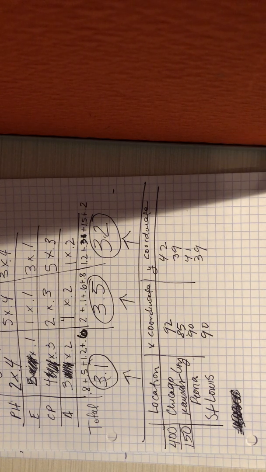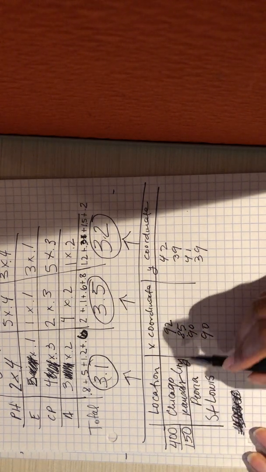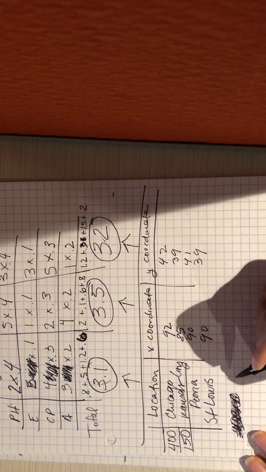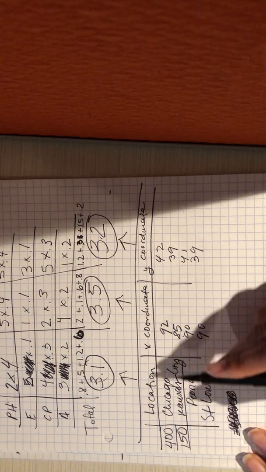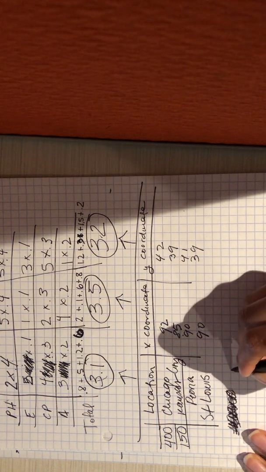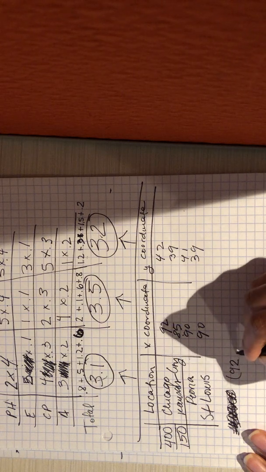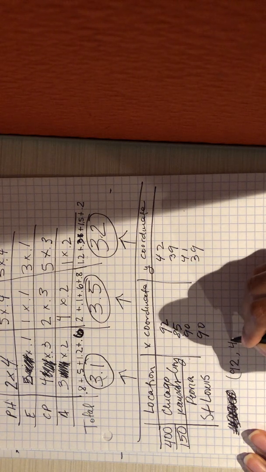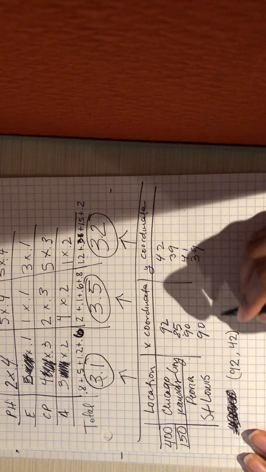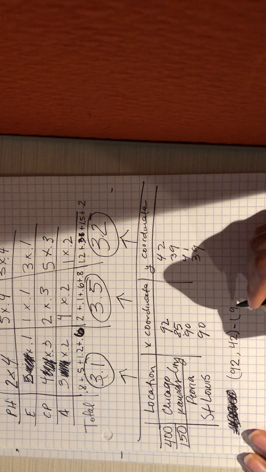So our question is asking us, what is the Chicago-Peoria load distance? Here, to find the distance between Chicago and Peoria, we can take the coordinates for Chicago, 92, 42, and Peoria, 90, 41, and we're just going to subtract those coordinates.